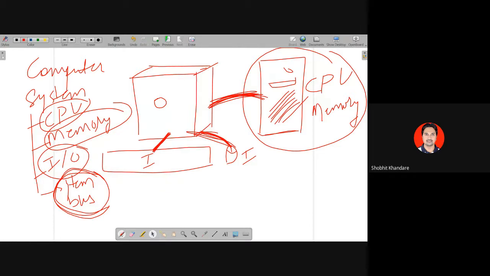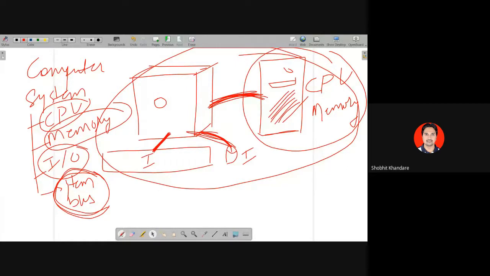Okay, so CPU, memory, IO system, so these all comprises of a computer system. तो ये आपको जो दिख रहा है, this all comprises of a computer system. So that is also the way in which you will be able to understand the computer system.